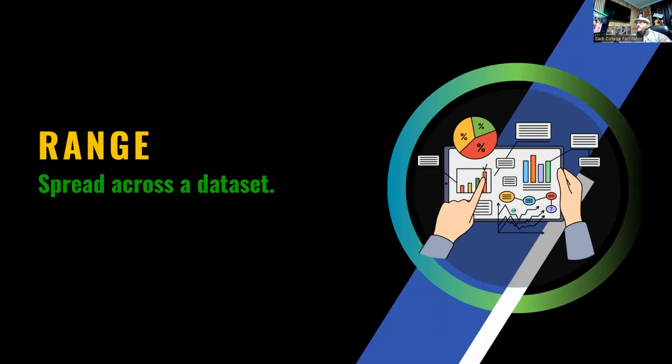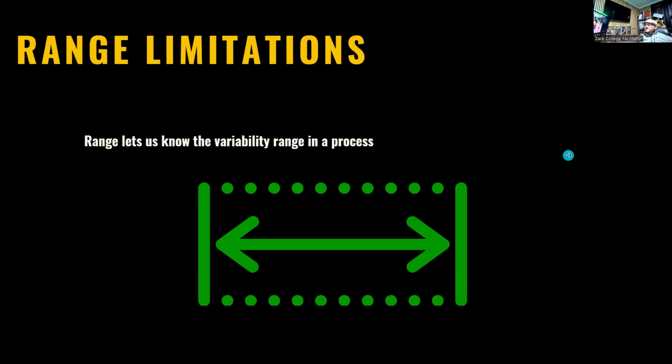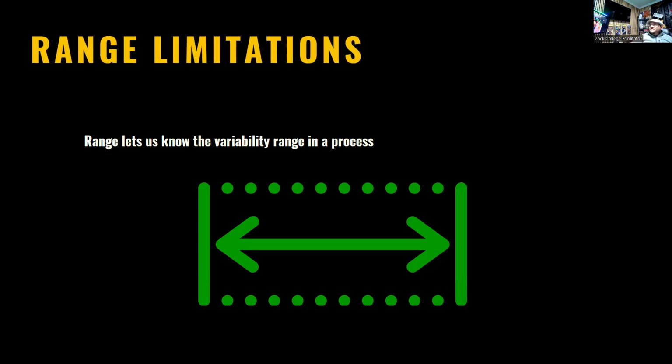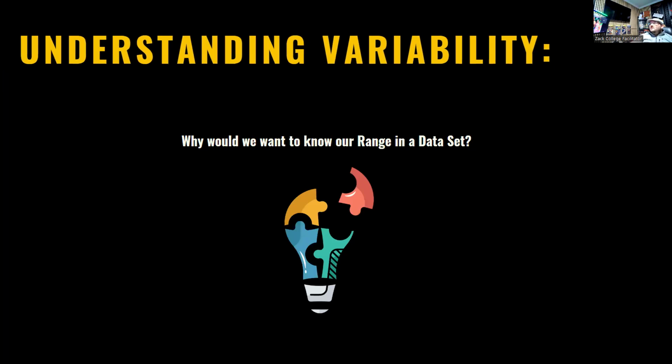All right. So as we're looking right here, we have our range. It spreads across a data set, essentially. We know that this is the variability in the process, the extent our process can differentiate. Why would you want to know a range in a data set?